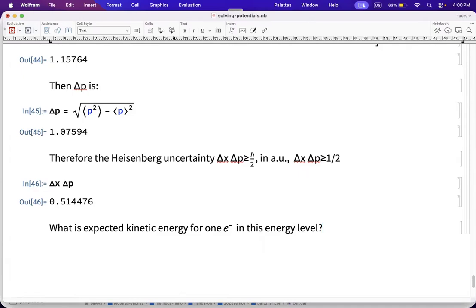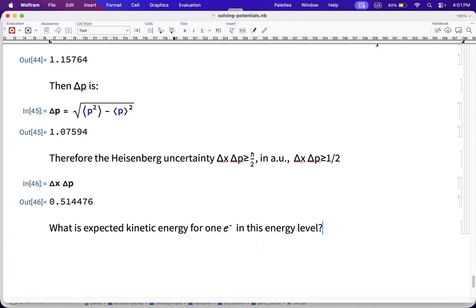So the kinetic energy operator would be minus h bar squared over 2m times the second derivative with respect to x. In atomic units it will be the same, but remember h bar is 1 and m is 1, so you just have minus 1 over 2 times the second derivative with respect to x. That is the kinetic energy operator.